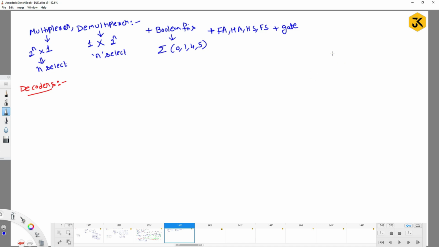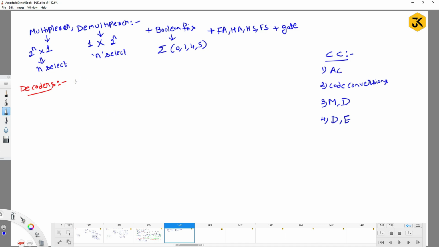Earlier we started with combinational circuits and saw various examples: arithmetic circuits, code conversions, multiplexers and demultiplexers, and also decoders as well as encoders. So today we'll see the concept of decoders.